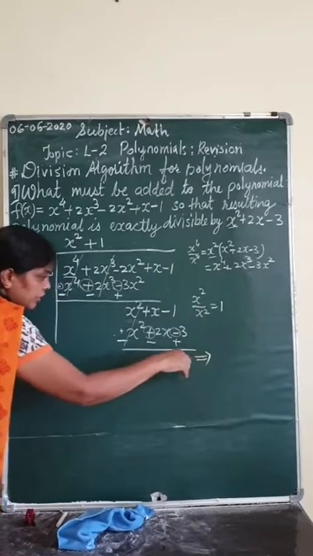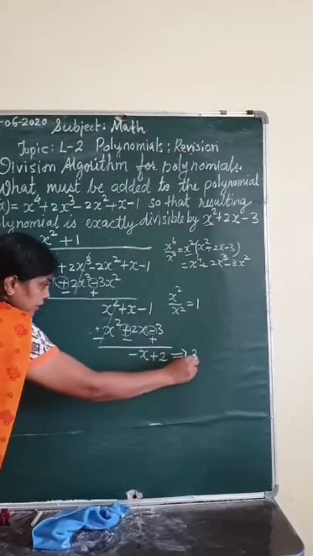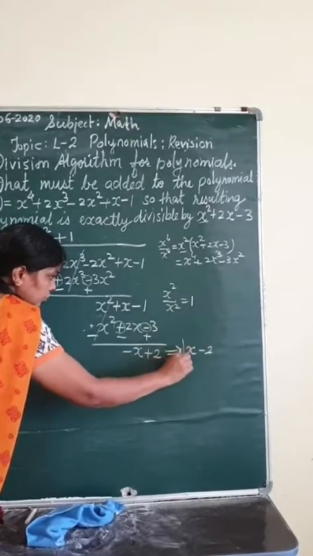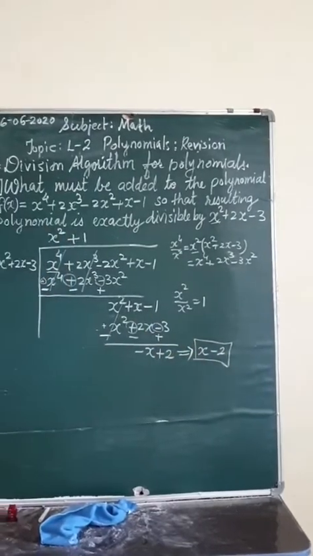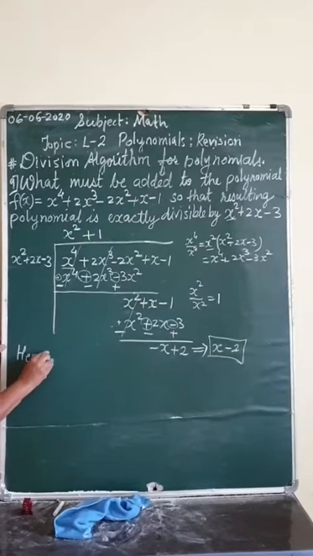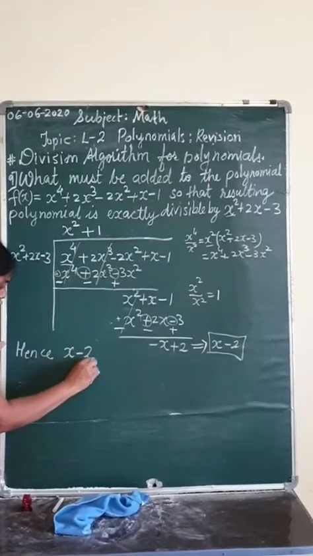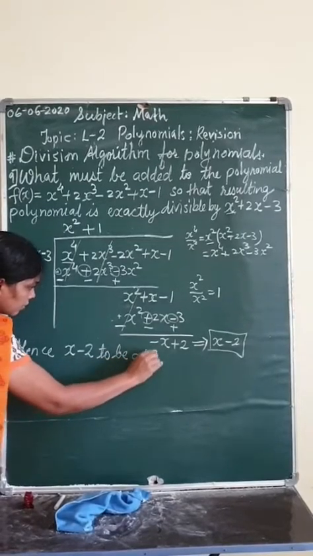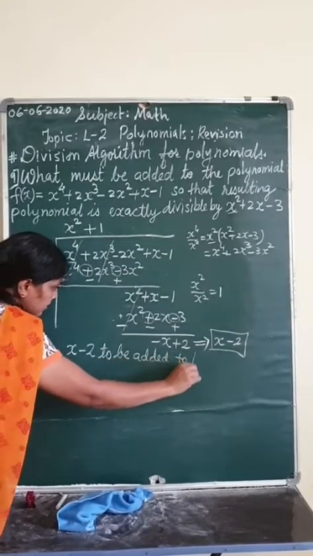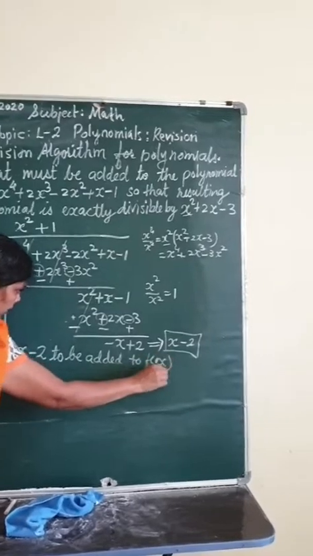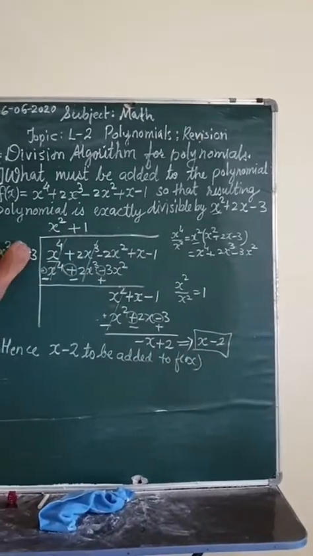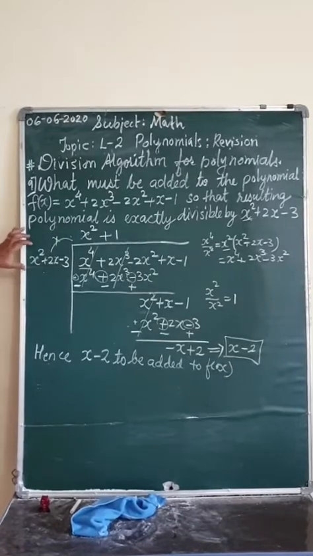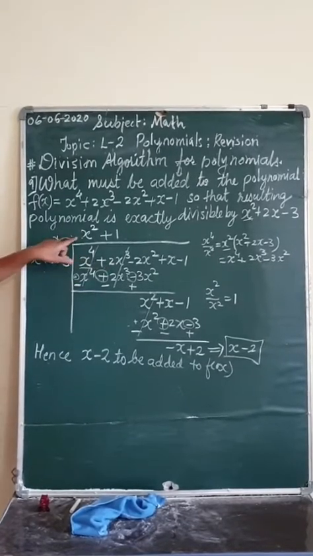This minus changes into plus, and this plus changes into minus. So this is our required answer, and hence x minus 2 is to be added to f(x), and only then is it exactly divisible by this given polynomial.